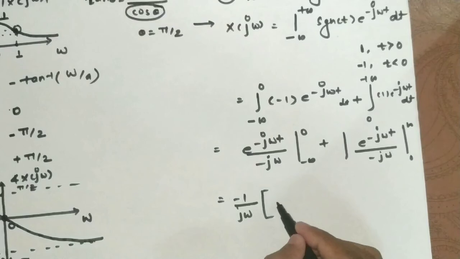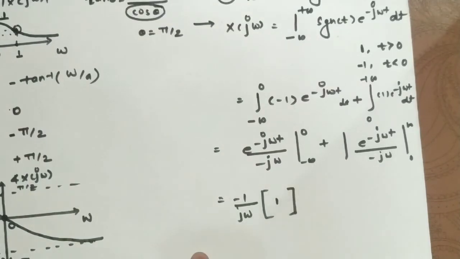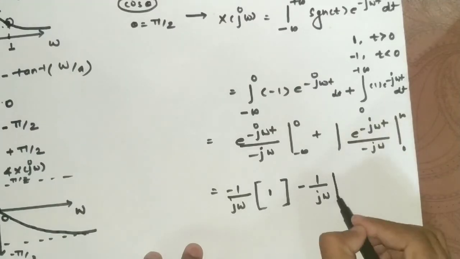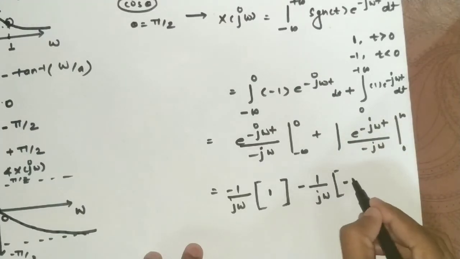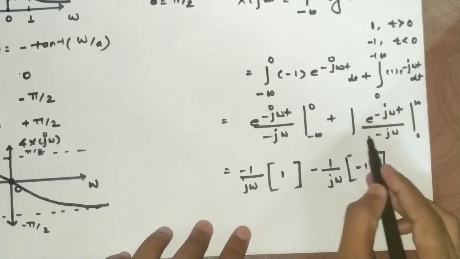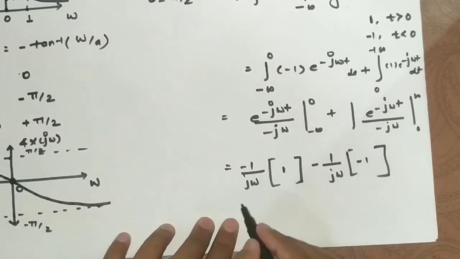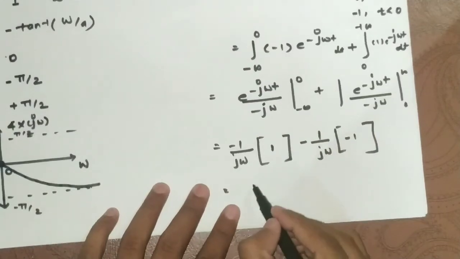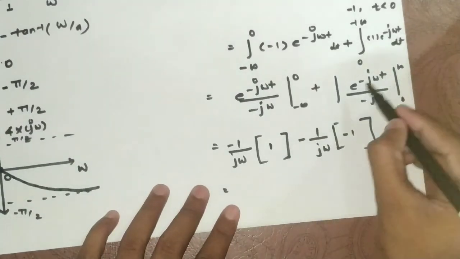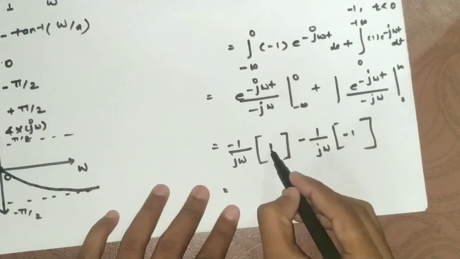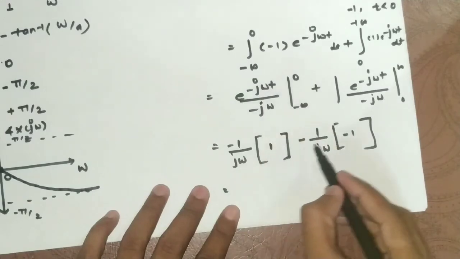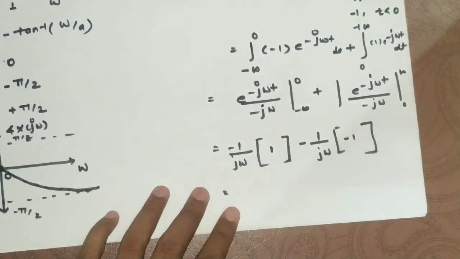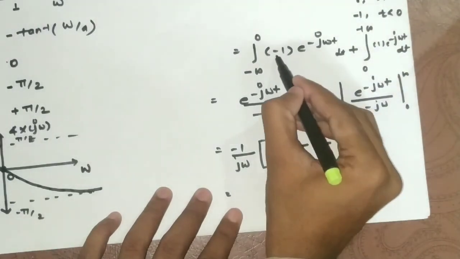So based on that, we'll get this term as 1. Similarly, minus j omega, with upper limit infinity and this is 0, so we'll get this term as minus 1. How we have kept this value, we have already seen in the previous example. Just a correction over here. If I put 0 over here, plus and minus infinity, this is the upper limit and this is 0, and we are left with this minus sign also.